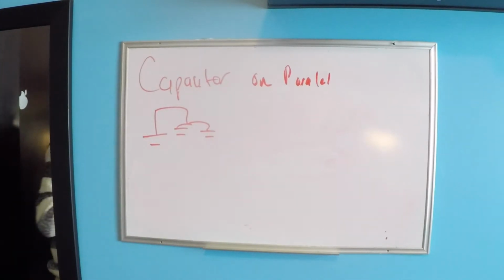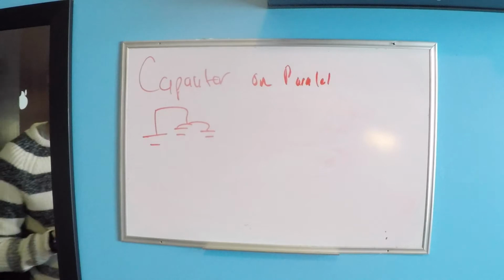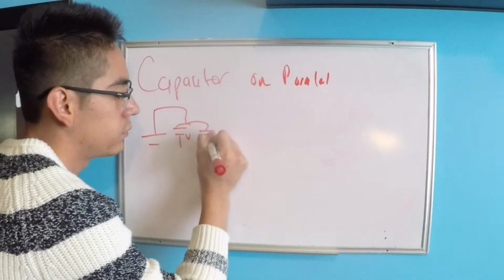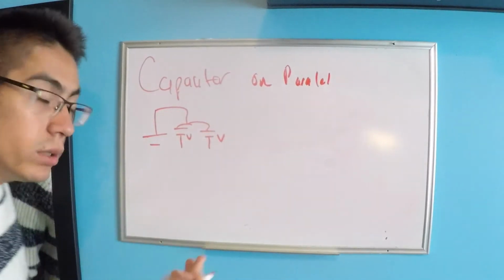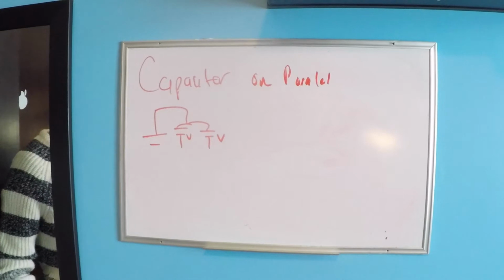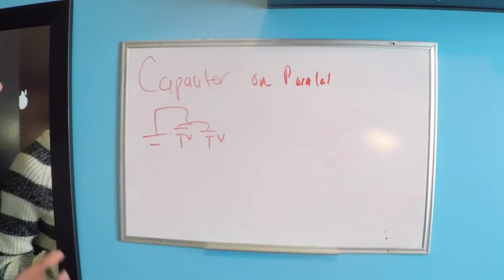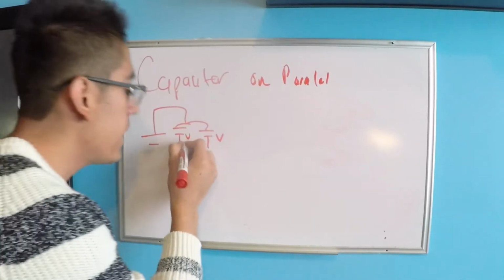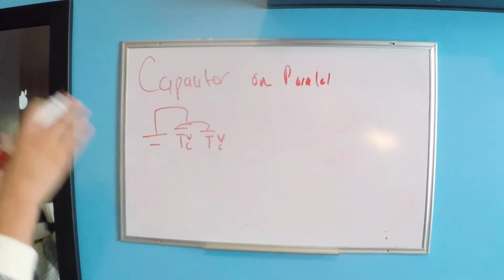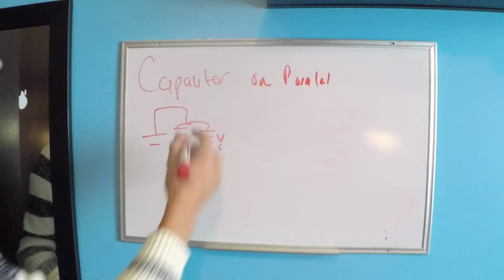Well, first of all, we know that when we have capacitors in parallel, the voltage between these ones is the same. The thing that is not the same is the capacitance, because the charge is distributed to different sides.